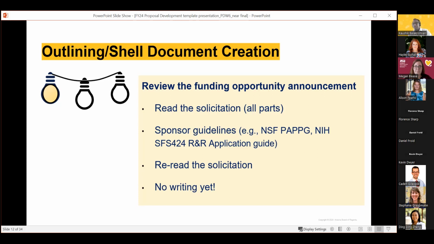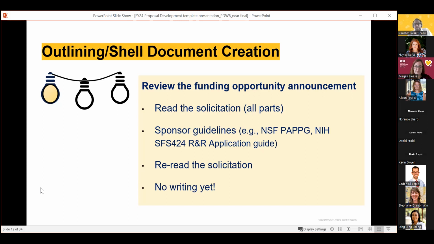We'll go through some of these examples and pick up again on NSF. But beyond that, there are also sponsor guidelines. NSF has the proposal preparation guide, and NIH also has an application guide. You want to read and understand the pagination limits and all the sections that one needs to cover when you're working on a proposal.